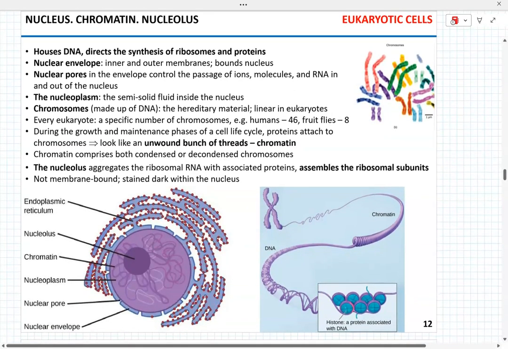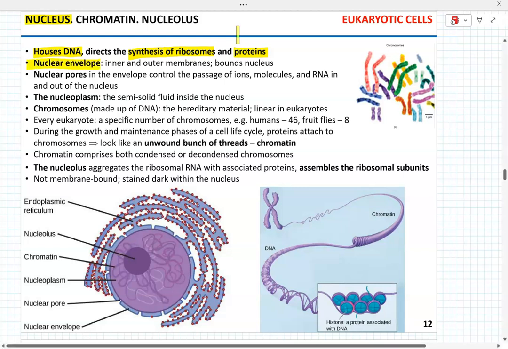The center of a eukaryotic cell is a nucleus. Nucleus is where DNA is. Nucleus directs the synthesis of ribosomes. It regulates the expression of genes and therefore the synthesis of proteins, and the nucleus is surrounded by a nuclear envelope.